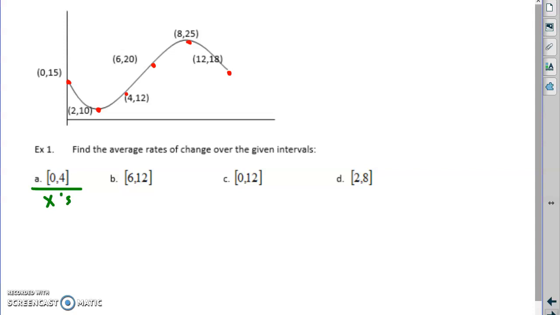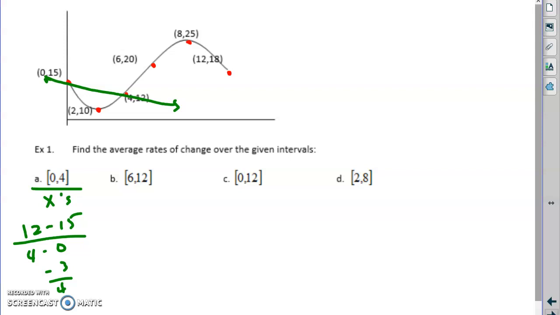I am visually talking about this green line right there. I have 2 points. Change in y, 12 minus 15; change in x, 4 minus 0. 12 minus 15 is negative 3. 4 minus 0 is 4. So that slope is negative 3/4. Could that green line have a negative 3/4 slope? It most certainly can. All right, I think we got the hang of it.